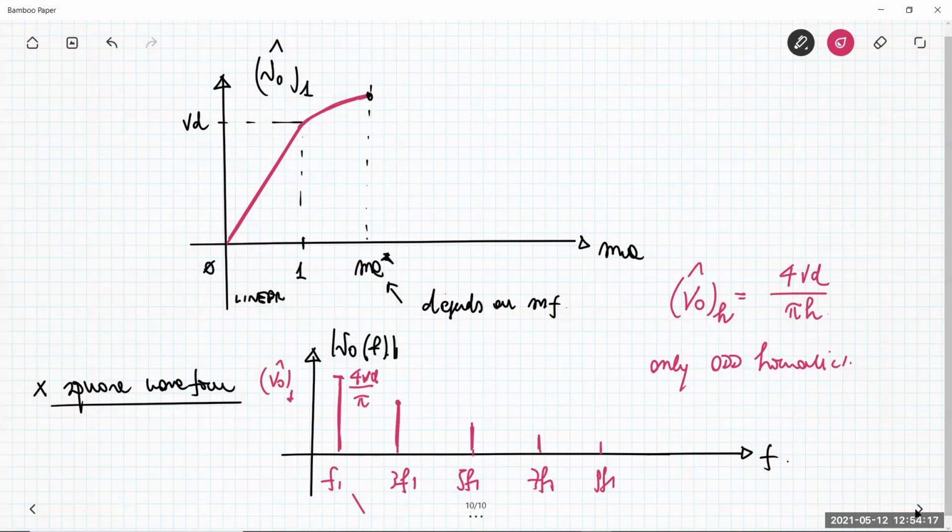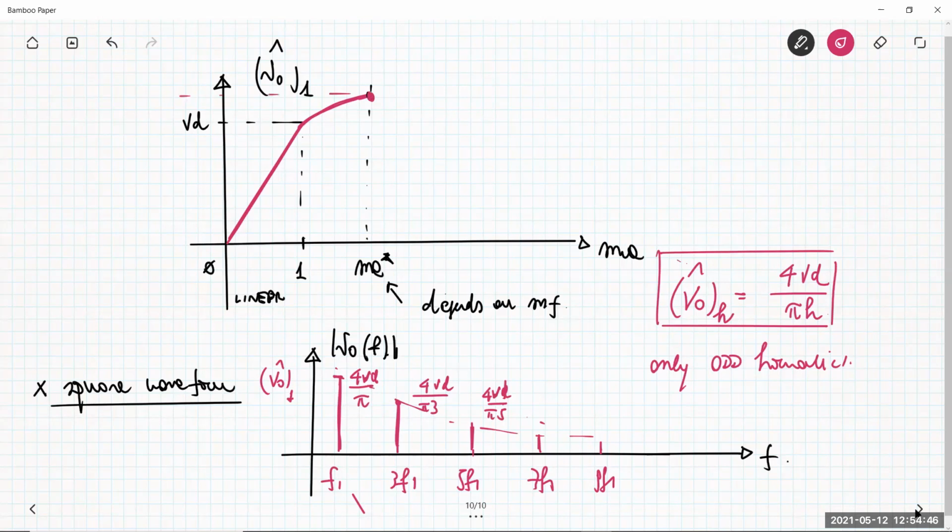The third harmonic here is 4 Vd over pi divided by 3, 4 Vd over pi divided by 5, etc. So this amplitude here is decreasing up to very small values. Okay, so this is the amplitude. So what is the maximum amplitude that you can get here? It is 4 Vd over pi.